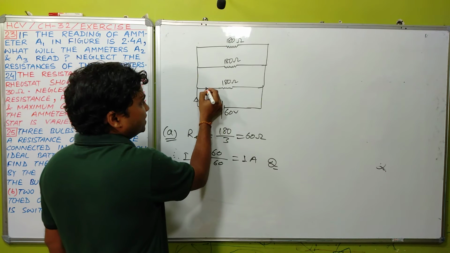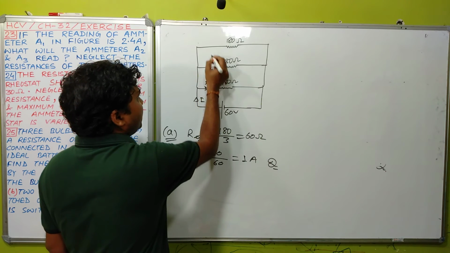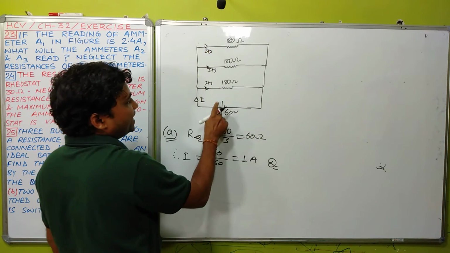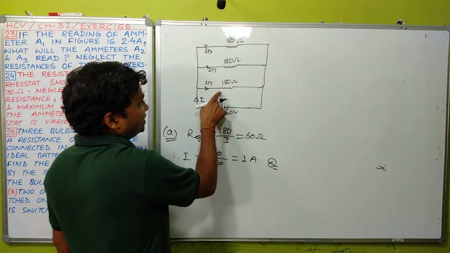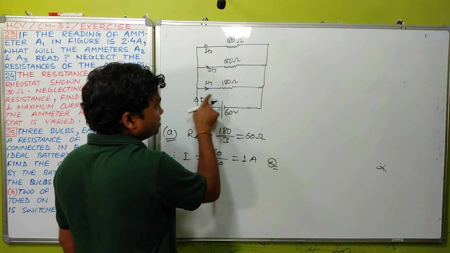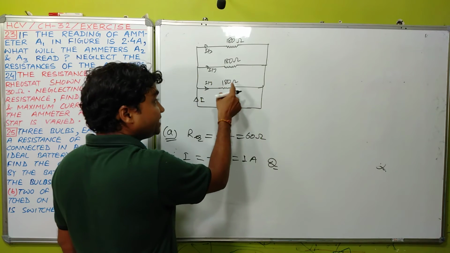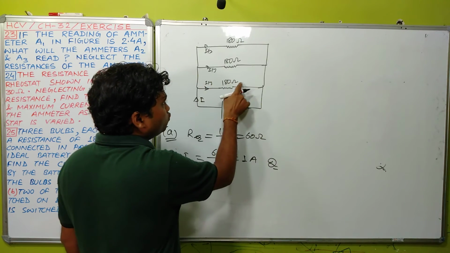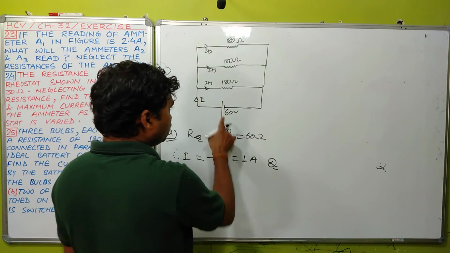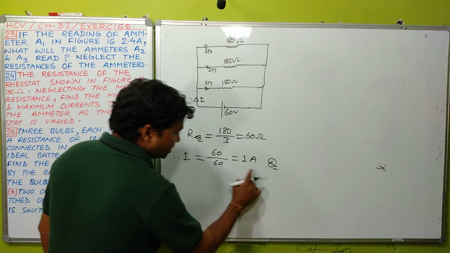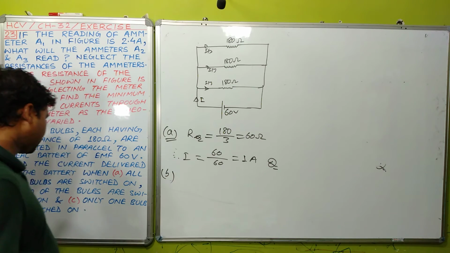So in that case the current flowing through each will be I by 3, and thereafter you can apply the loop law, Kirchhoff's voltage law, and write the expression like this. Potential difference across this resistance will be I by 3 into 180, so I by 3 into 180 minus 60 equals 0, and from here you will again get the same value, I equals 1 ampere. Okay student, now we are going to see the next part.